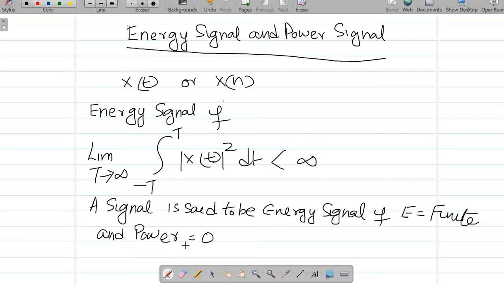So if the energy is finite, the power will be 0. Such a signal is said to be an energy signal. So let us see what is a power signal.